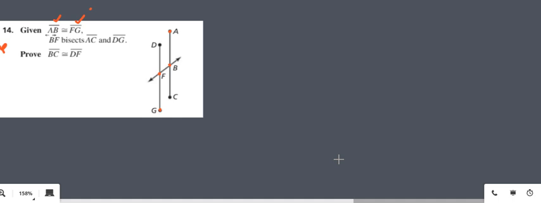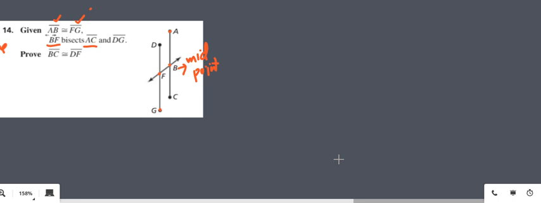And then the ray BF bisects AC. So if this line BF is bisecting AC, that means B is the midpoint. If it is passing through the midpoint, that's why we say that it is a bisector.